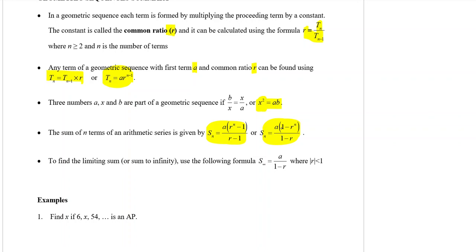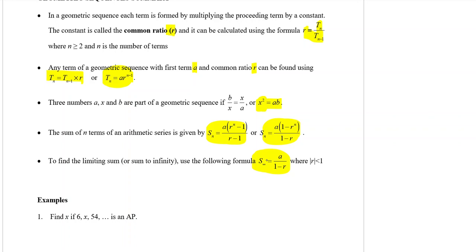So if R is less than 1, I'm going to want to subtract off the R from the 1, keeping it positive. But if it's greater than 1, I want to do my ratio minus the 1, keeping that value positive.